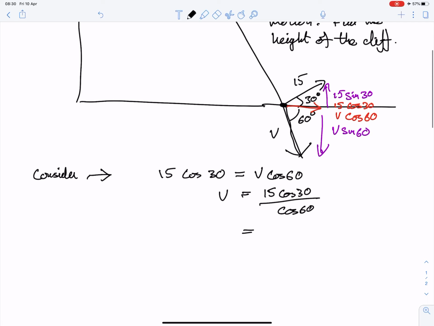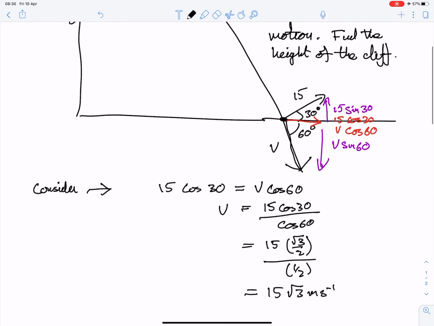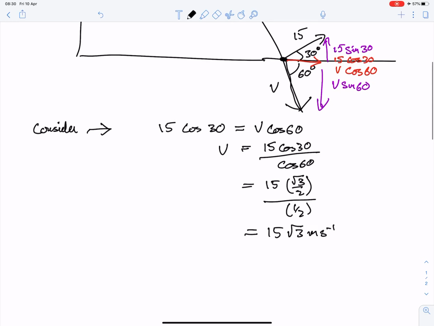Cos of 30 we know is root 3 over 2. Cos of 60 is a half, so this is equal to 15 root 3 meters per second as the horizontal speed. Now we want the height of the cliff.